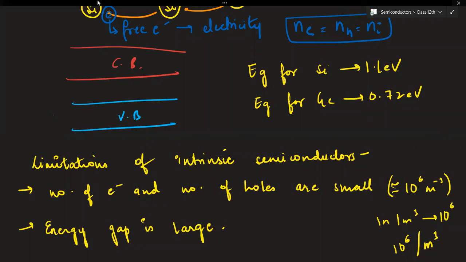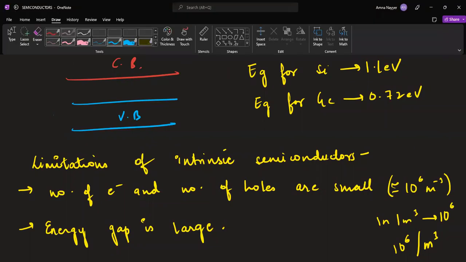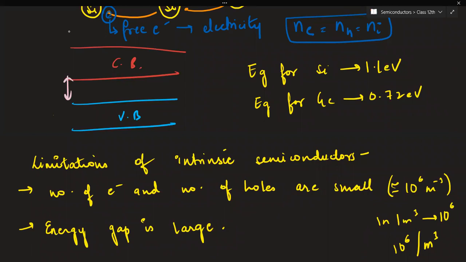The band gap between them will be very low. When silicon's energy gap is 1.1 electron volt and germanium's energy gap is 0.72 electron volt, then electrons from the valence band get free and go into the conduction band for conduction to occur.